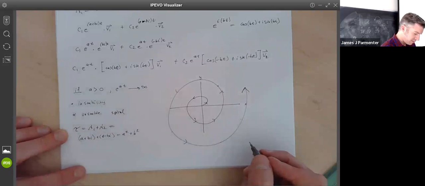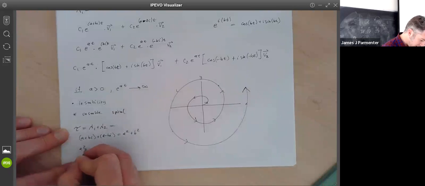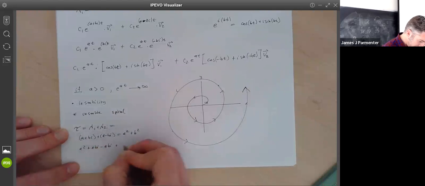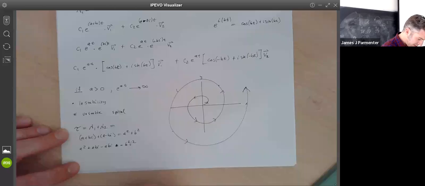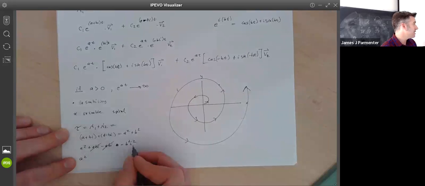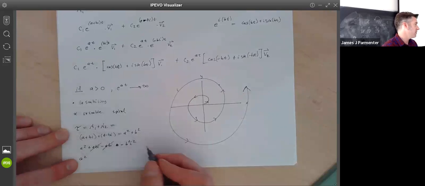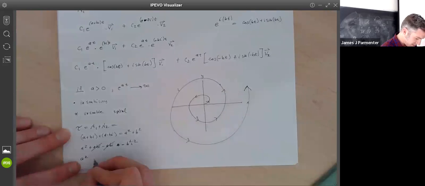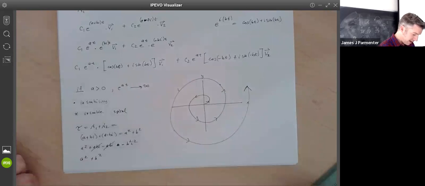That might look funky to you. Let me write it out. It's going to be a squared plus a times bi minus a times bi minus b squared i squared. The abi's cancel. And i squared is equal to -1. That's the definition of the imaginary constant i. So this is going to equal negative b squared times -1, which is plus b squared.